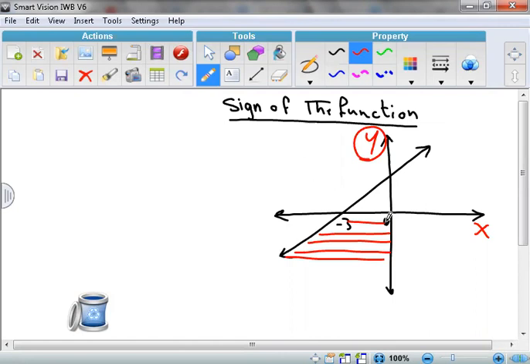This bar in the function is from negative infinity to the point negative 3.